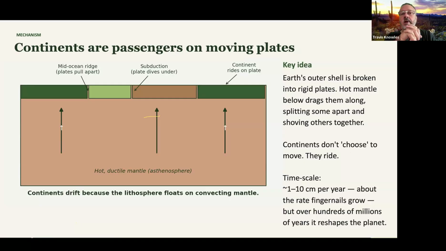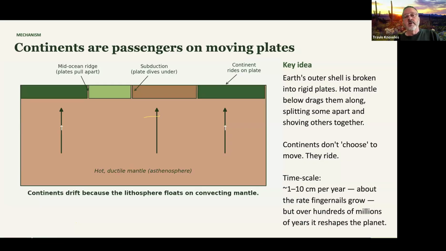They're relatively thin plates on the surface of the Earth, and that molten material underneath is like giant conveyor belts that are moving these continents along. The process is very slow. It's about the same rate as your fingernails grow, but over millions and billions of years, that has crashed continents together. It has broken them apart.